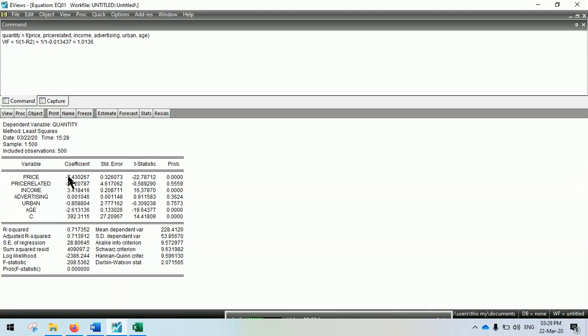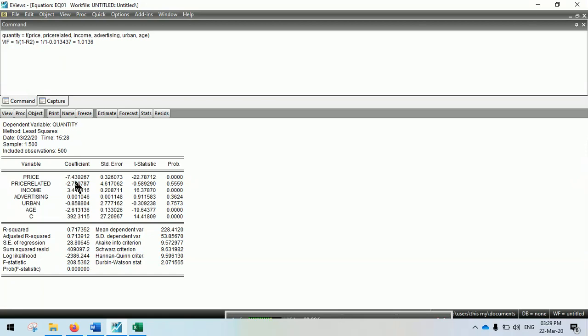So how to interpret this? I will say a 1 unit increase of price, where the unit here is 1 ringgit, leads the quantity to decrease by 7.43 units, which is significant.